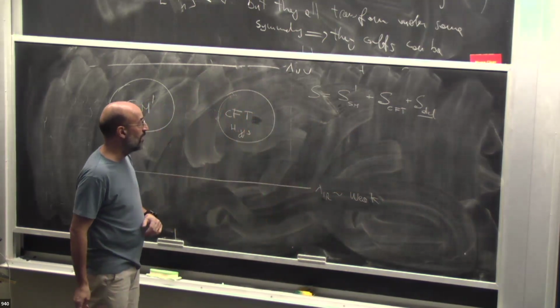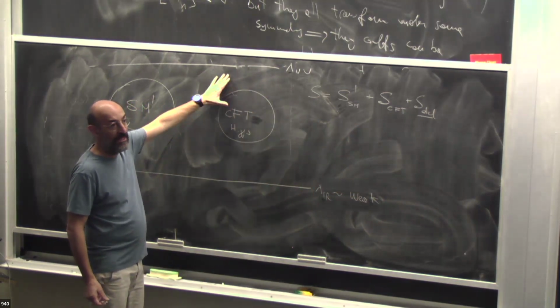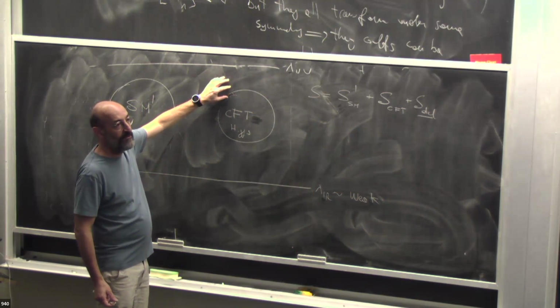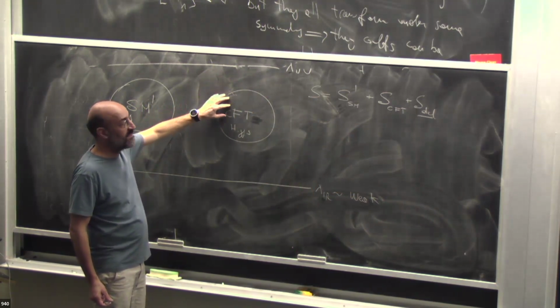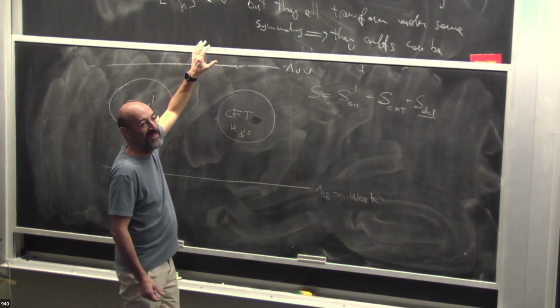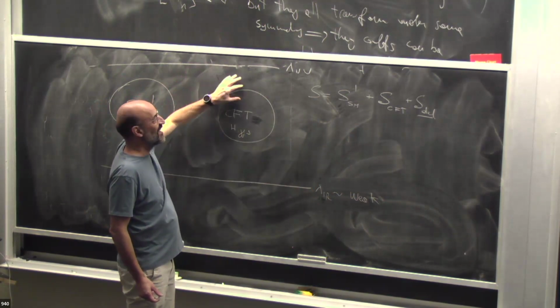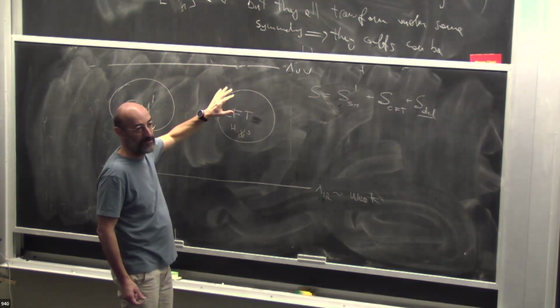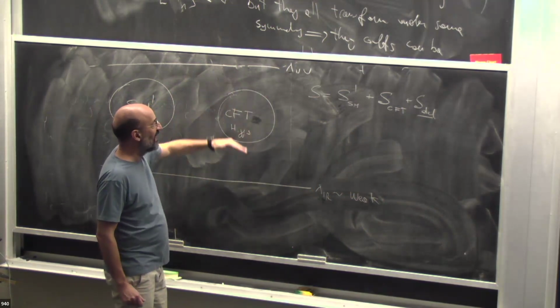Or you could have a theory where there are relevant deformations, but for some reason, something happening at higher scales has set the coefficients of these operators to be naturally small, because they are controlled by symmetries. In other words, the hierarchy here is natural.